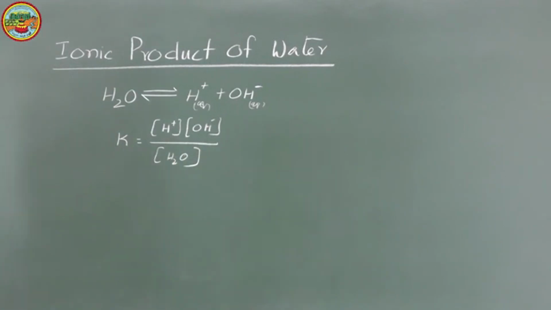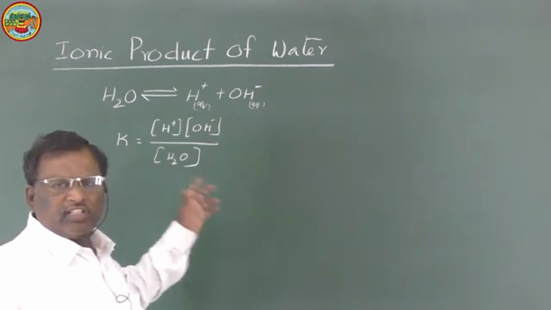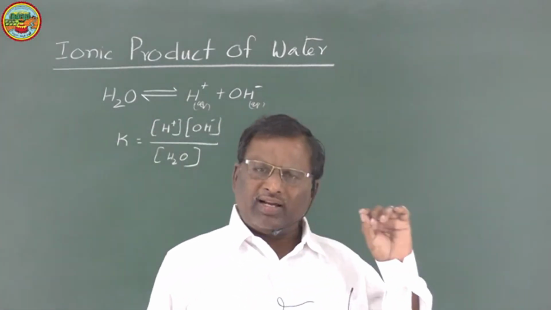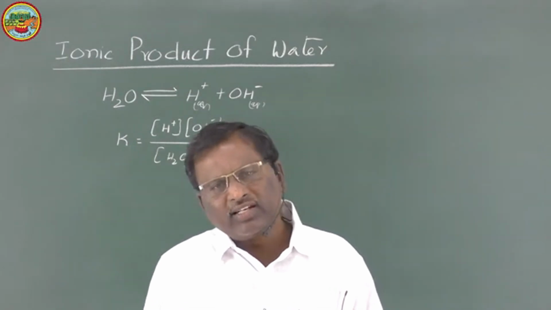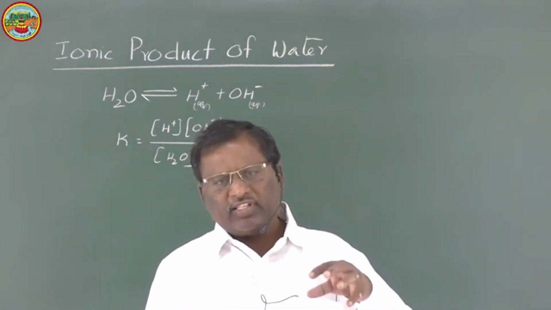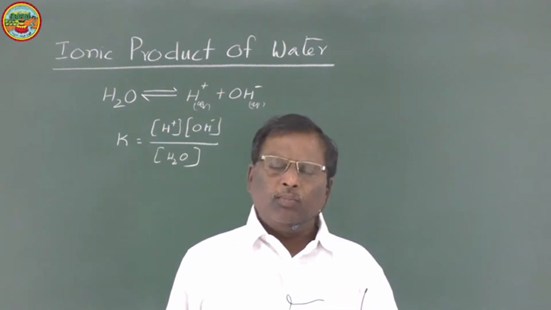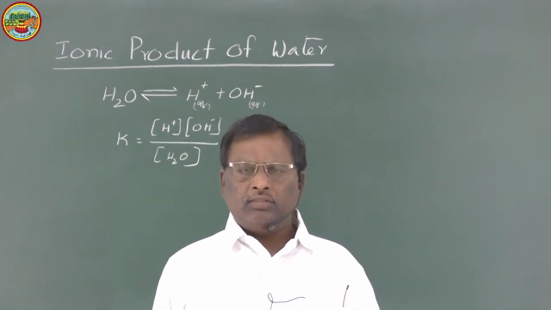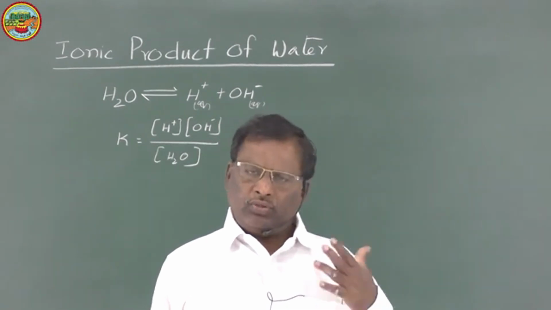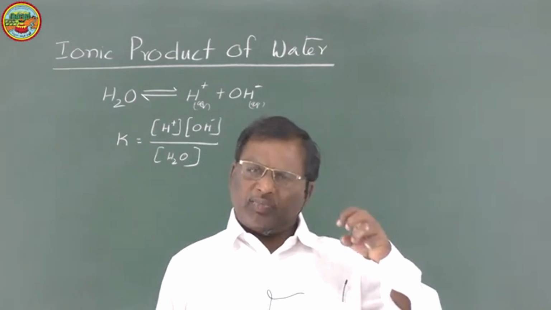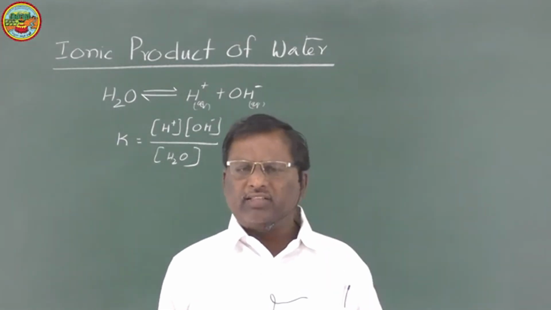If anything is represented in square brackets, we consider it as its molar concentration. Molar concentration means the number of moles present in 1 liter. So irrespective of the number of ions, the H+ ions present in 1 liter is considered as its molarity.